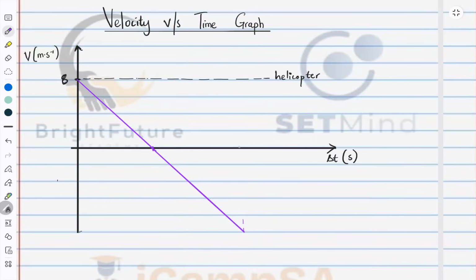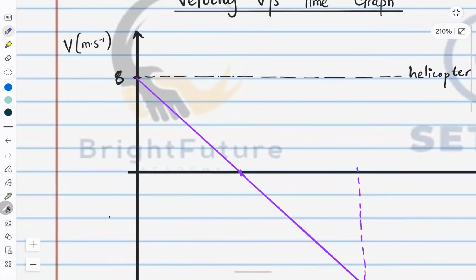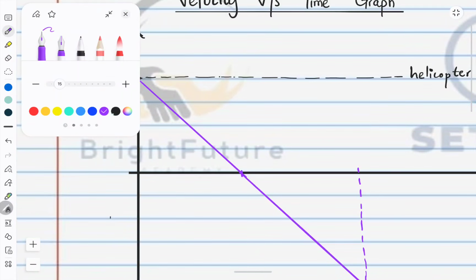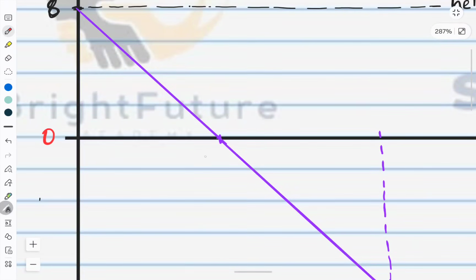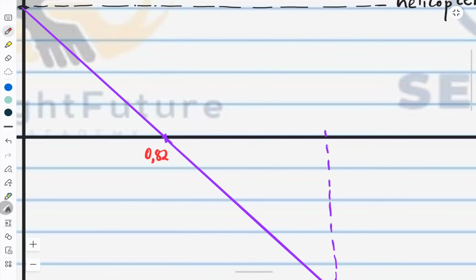We are also interested in that point. So since they didn't ask us about the final velocity, we won't label it. We also don't know it, right? So we can start labeling now. Let me use red so that we can see the values. So there's 0 here. The time when it reaches maximum is 0.82. When it reaches the ground is 6.35.